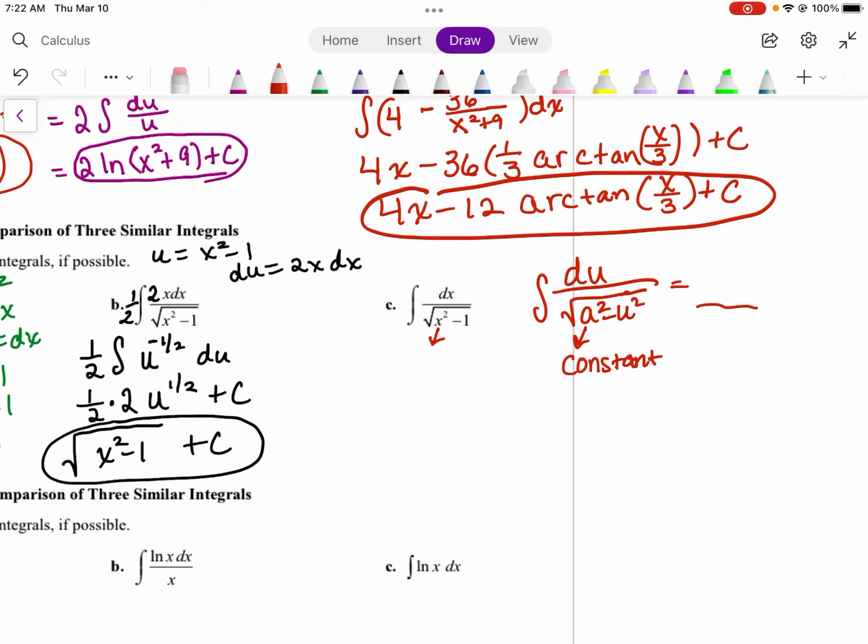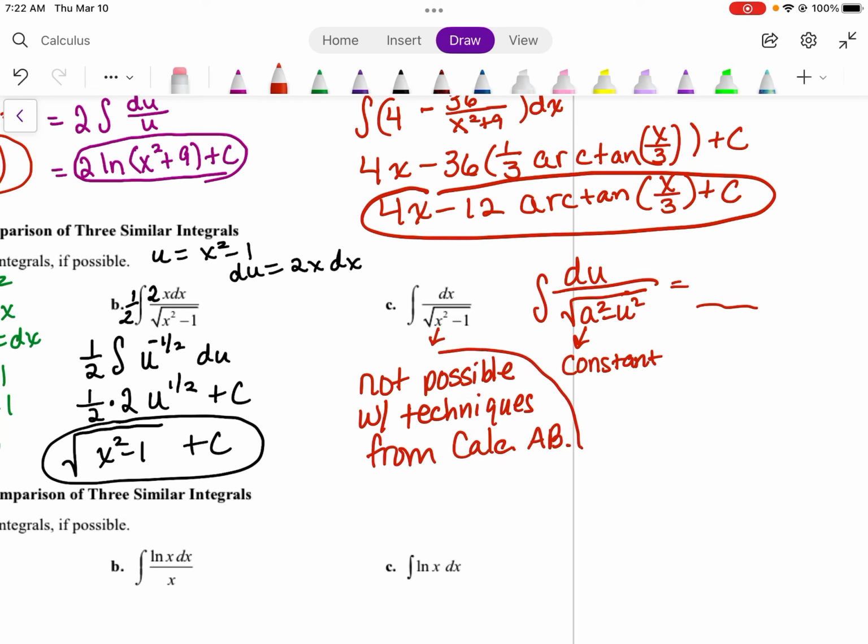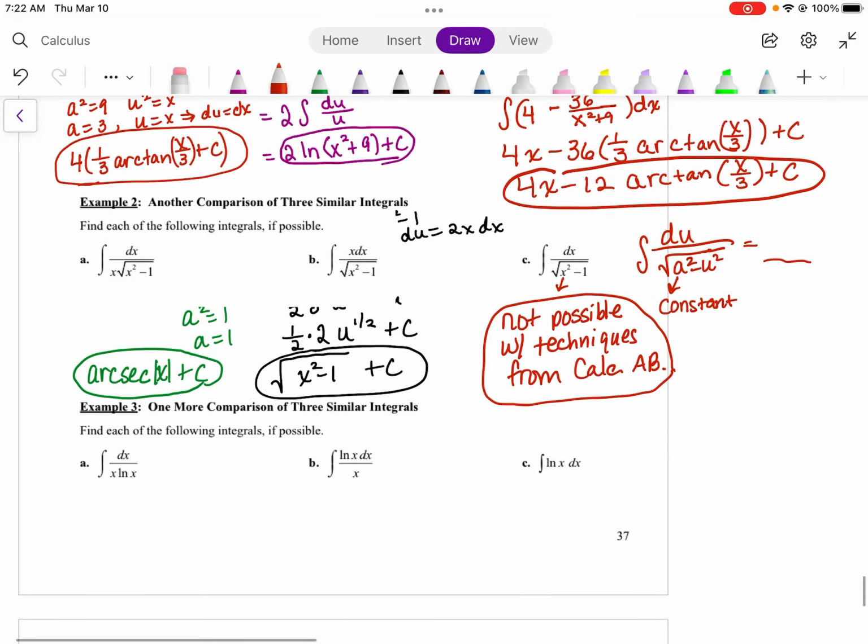And because you have u squared minus a squared, this problem is not possible with what I'm teaching you in Calculus AB. So we're just going to say not possible with techniques from Calculus AB. This is a type of question that you would explore in Calculus BC, or if you're in college, Calc 2 or Calc 3.